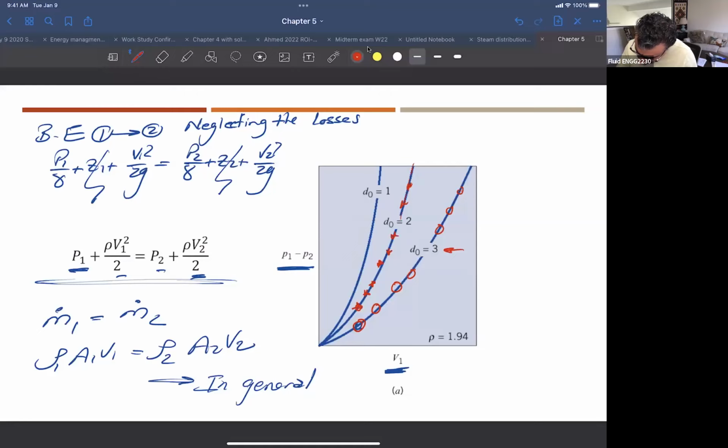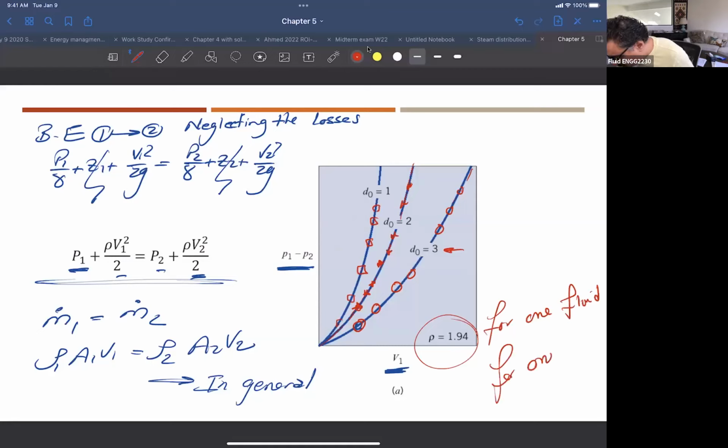Of course, this is a line for the curve fitting of these points. And the same thing if I have a different diameter. And all this is for one fluid, and also for one pipe diameter, right? So let's say this is a pipe diameter of a certain value, one meter or something like that.